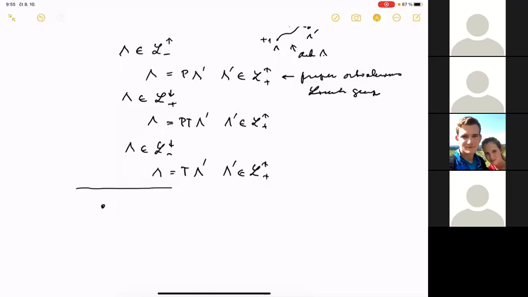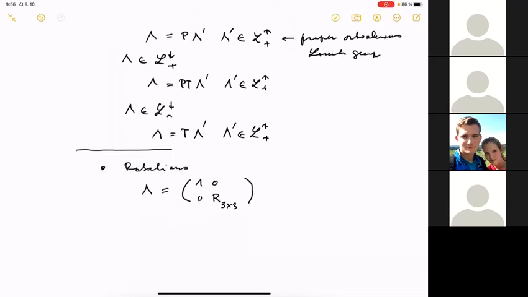The first distinguished subgroup is the group of rotations, which can be written as a block diagonal matrix, where here is some 3 times 3 matrix. We know that the definition of the Lorentz group is just Lambda^T eta Lambda = eta. Let us denote this as Lambda_R.